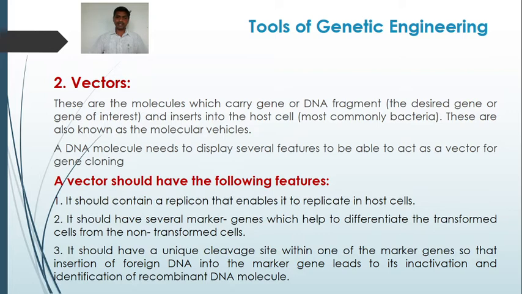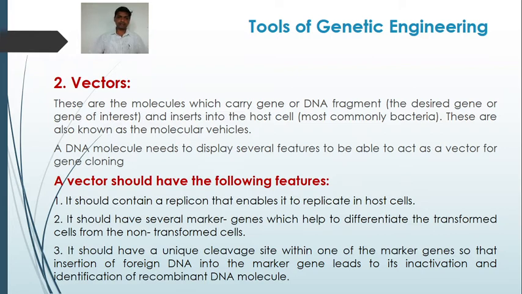As a result, it helps in the identification of the recombinant DNA, because the marker gene gets inactivated due to the insertion of the foreign DNA into the marker gene. When a marker gene is inactivated, it is not able to produce its effect.